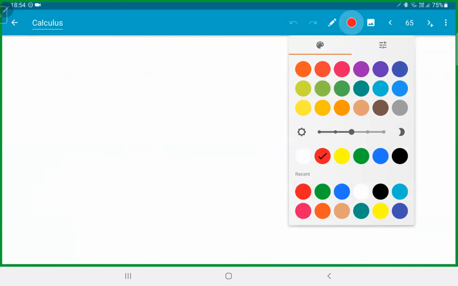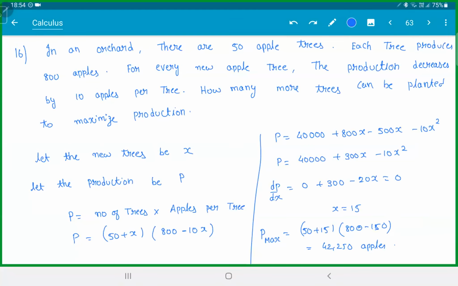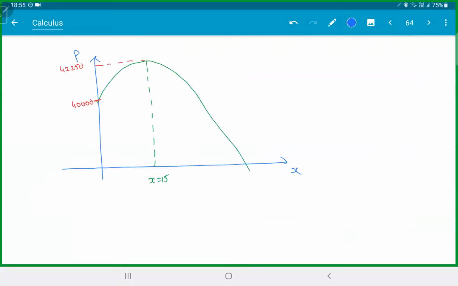Next one. Should I turn the page? Tell me if you're writing something. Yasha, clear, na? Clear, right? Yeah. Great.